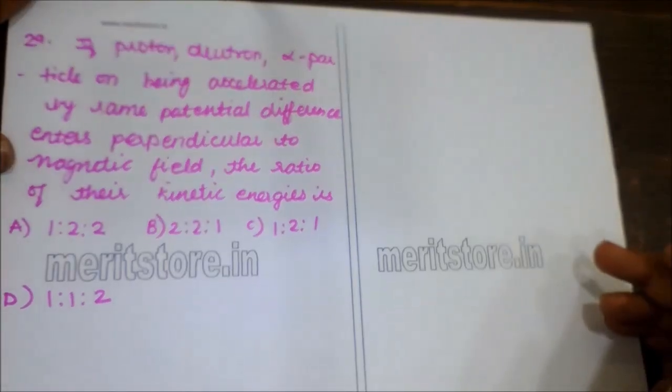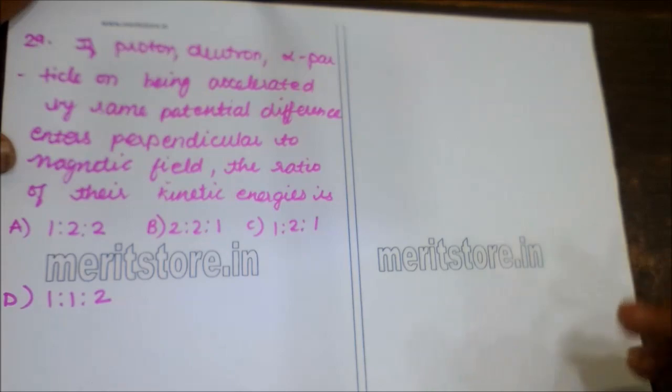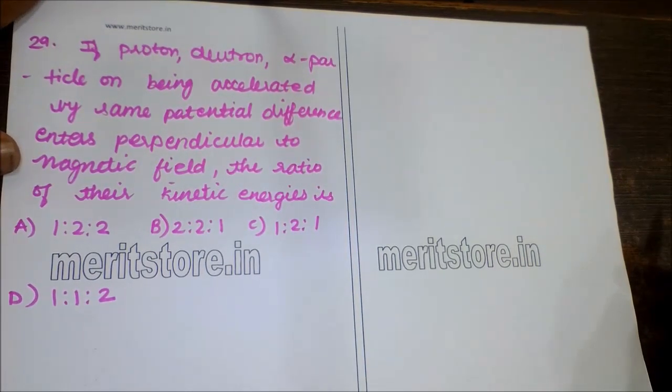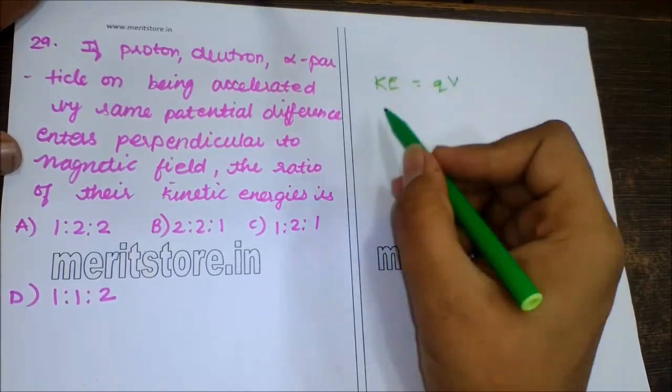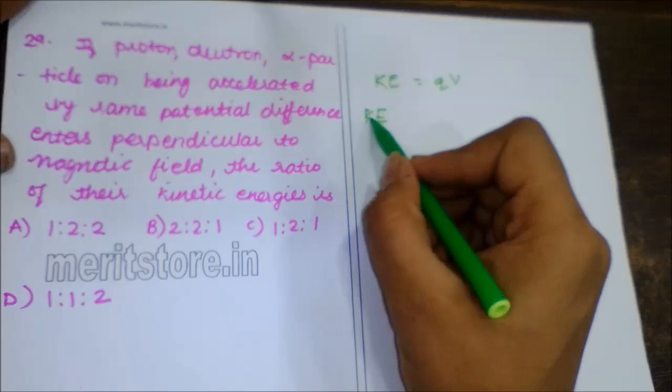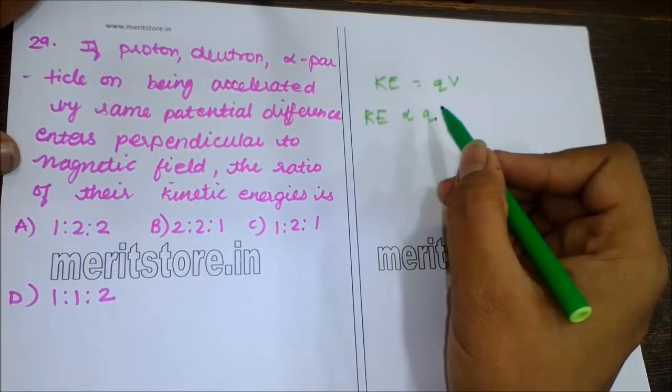Question number 29. If proton, deuteron, alpha particle, on being accelerated by same potential difference, enter perpendicular to magnetic field, the ratio of the kinetic energy is. So we know kinetic energy in magnetic field remains constant, and kinetic energy KE is equal to qV, where we can say kinetic energy is directly proportional to q, V is constant.